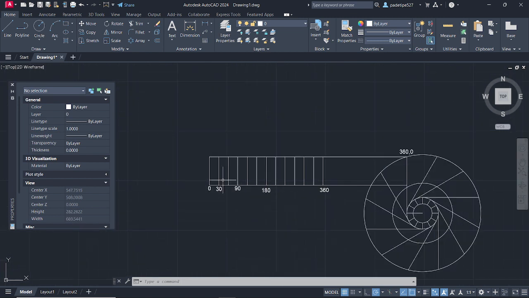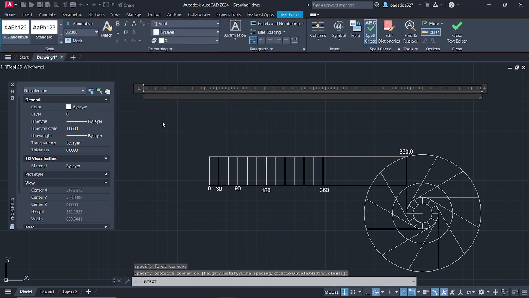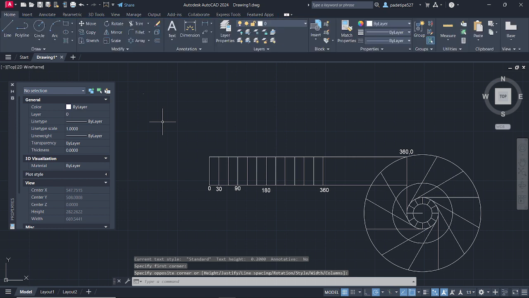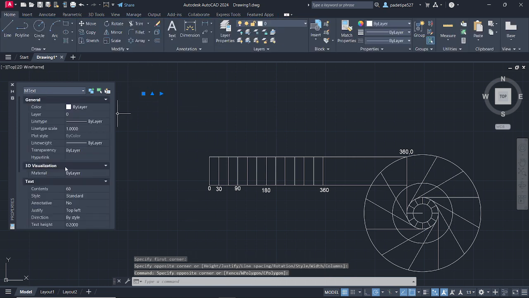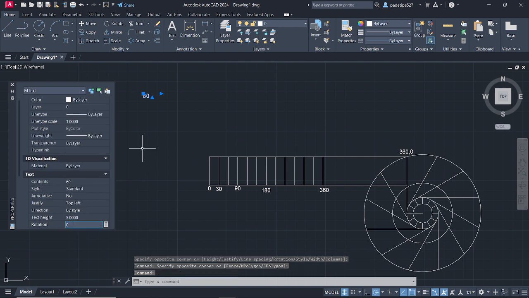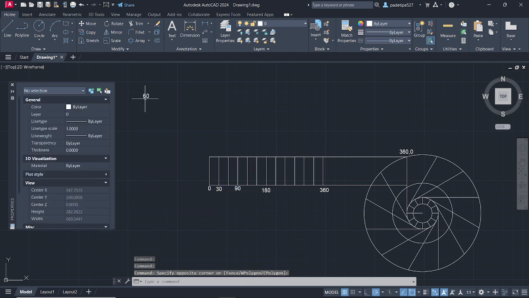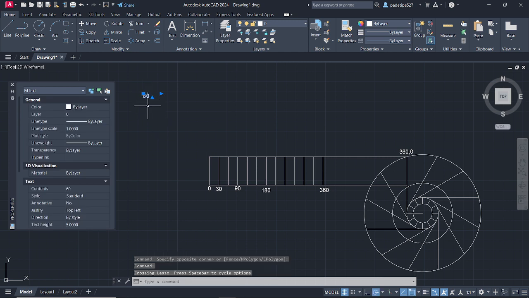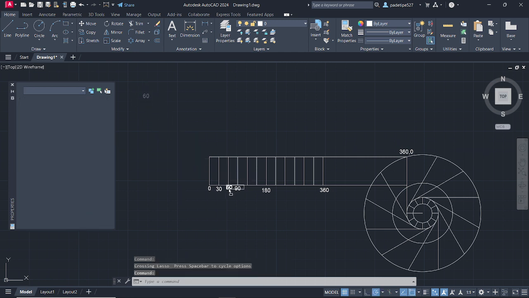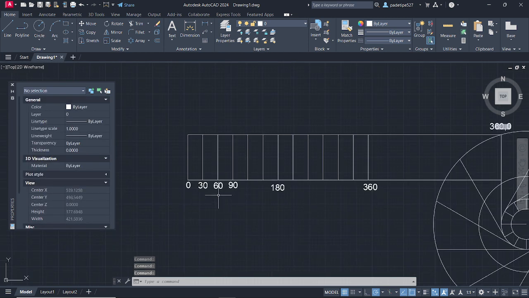I think I'll have to do that for 60. 60 is here. All right, good. So we know we have this. Now the next thing for us to do is this.